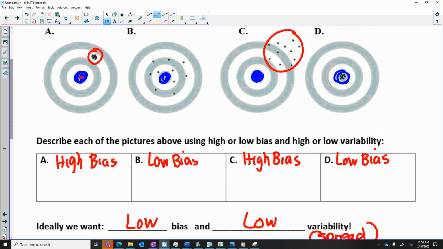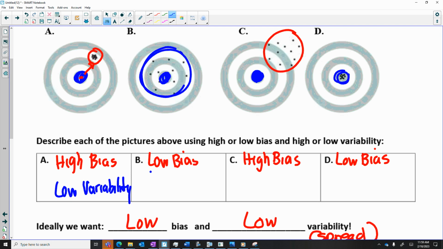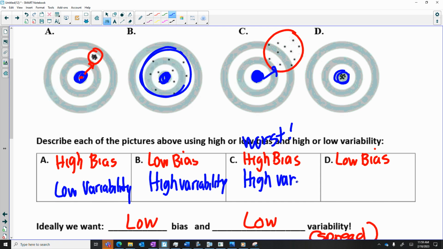So A, even though it's biased, has low variability because they're all close together, meaning they're tightly spaced. B, even though it's low bias because it's centered around the true center, has high variability because it's all spread out. C is the worst one because it is biased, since it's off to the side, and it's also got high variability because it's all spread out.